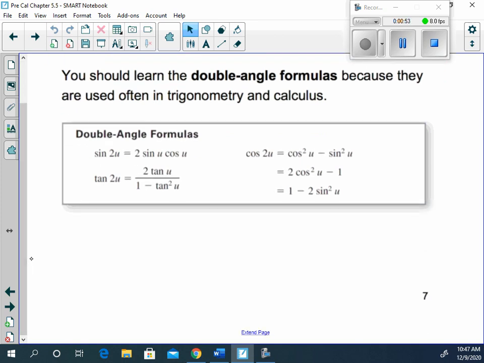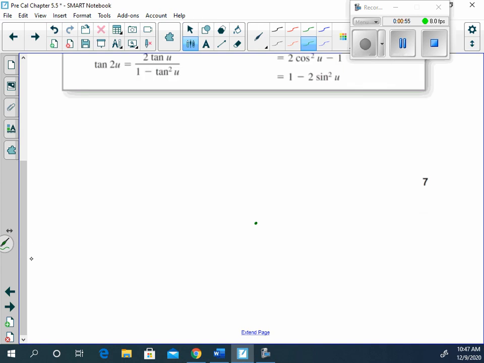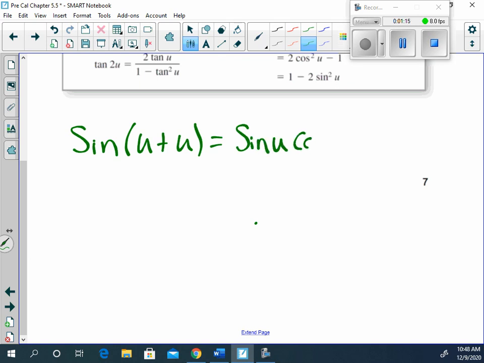Now, for both of these here, sine of 2u, well, I can say that's the same as sine of u plus u. u plus u would give us 2u. Now, if we remember our formulas from yesterday, sine of u plus v, it'd be sine of u cosine of v plus cosine of u sine of v. Because yesterday we talked about u and v.